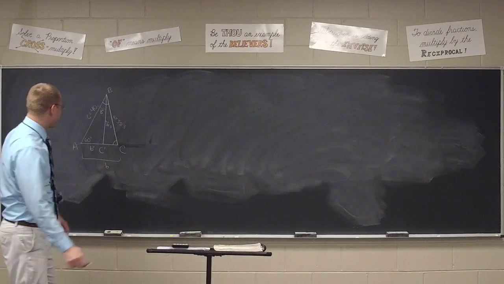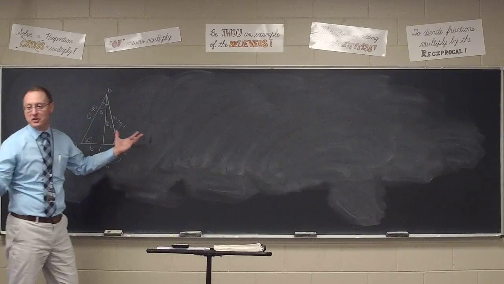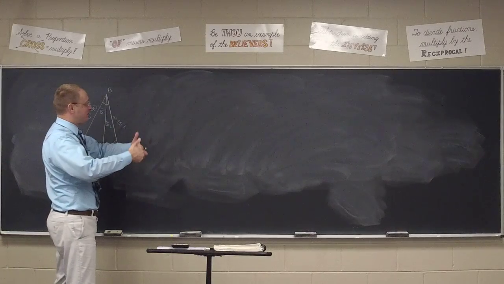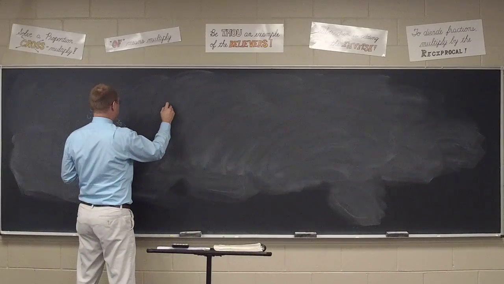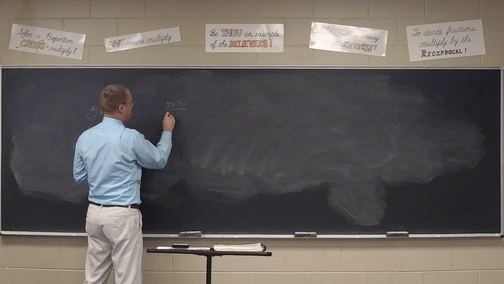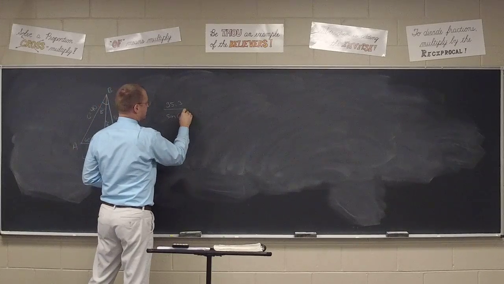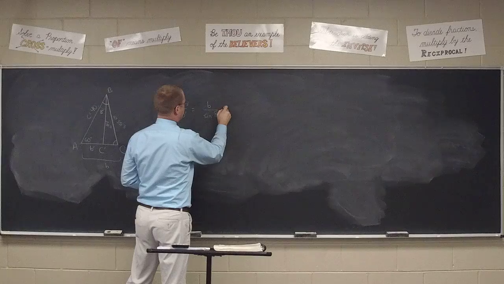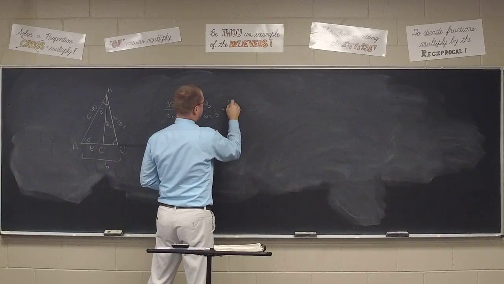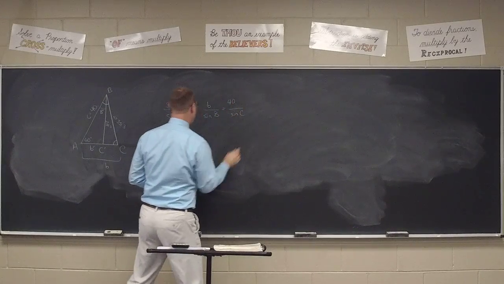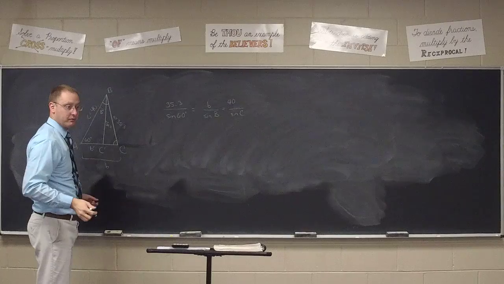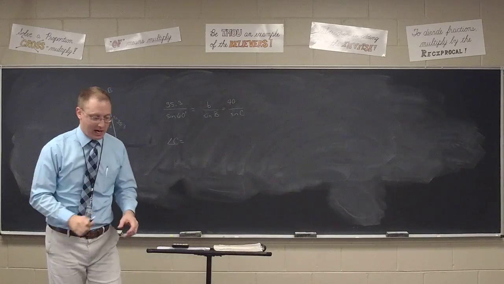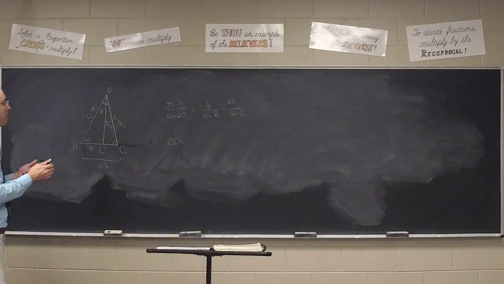Anyway, all right, so again, we're going to start with the law of sines. We've got 35.3 over the sine of 60 equals b over the sine of B equals 40 over the sine of C. And once again, the first thing we'll solve for is angle C. And when we solve for it, we put it in the memory.